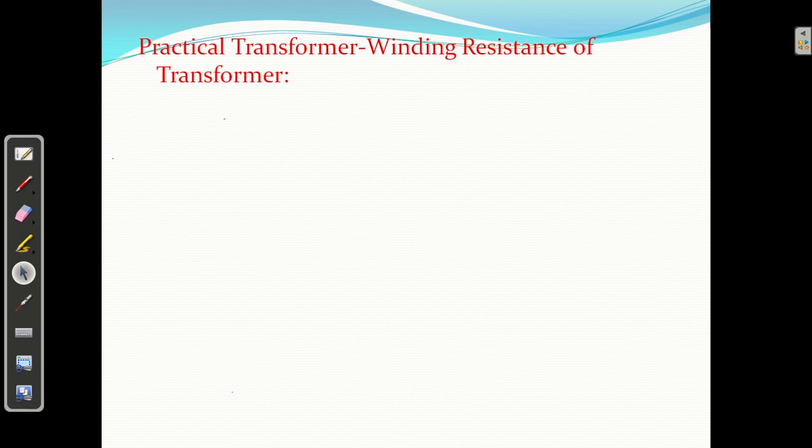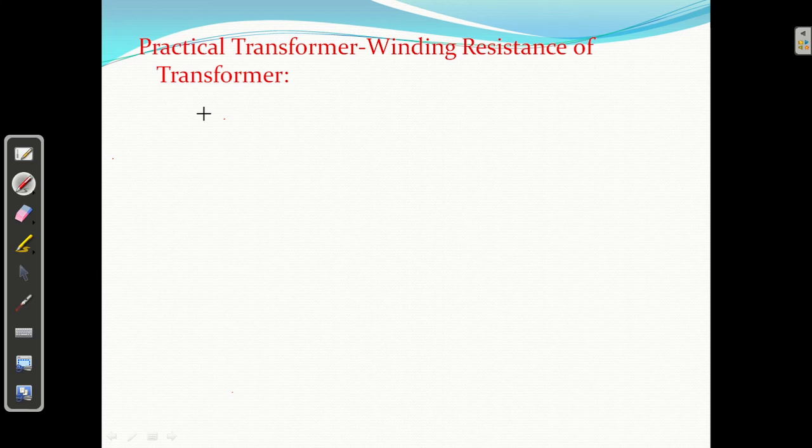So here we are going to consider all these factors. So we are going towards the actual transformer, also called the practical transformer, right? So here, first of all, I'm going to discuss the winding resistance of the transformer, right?